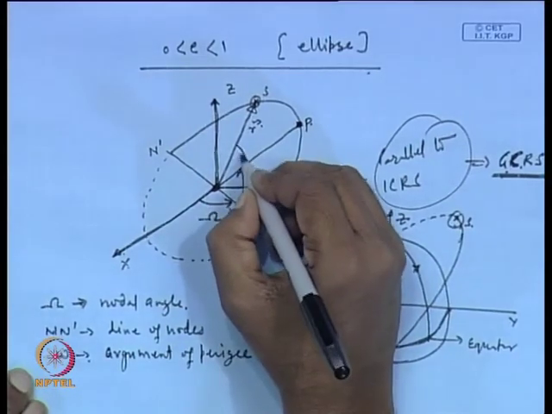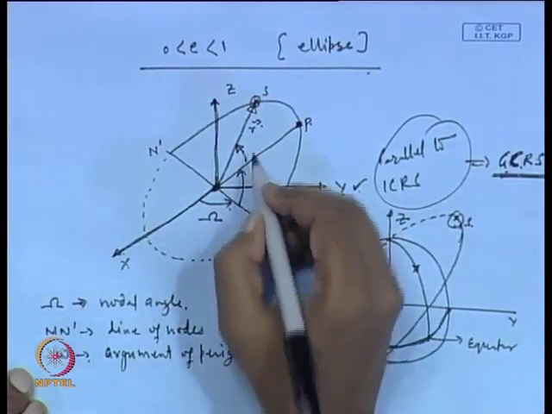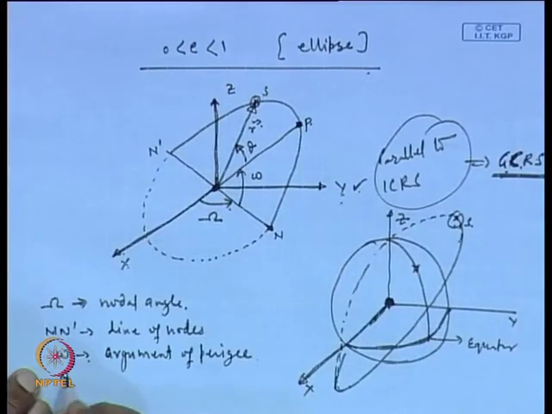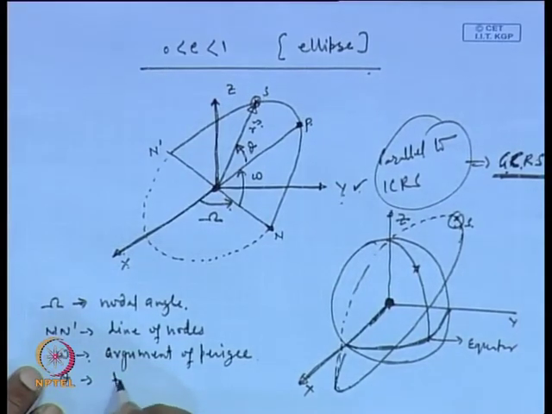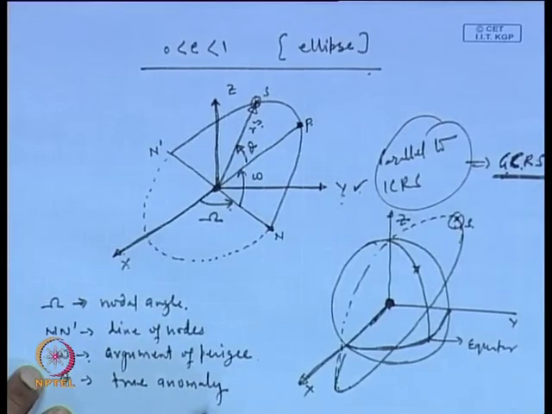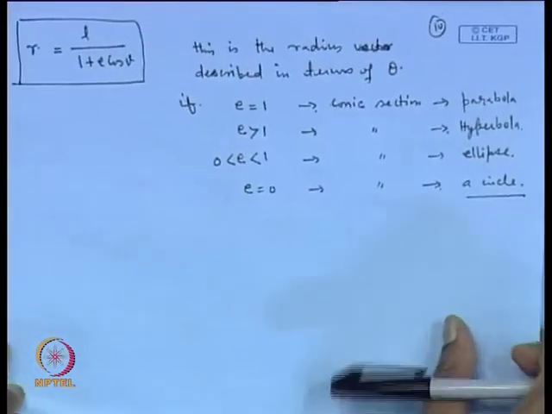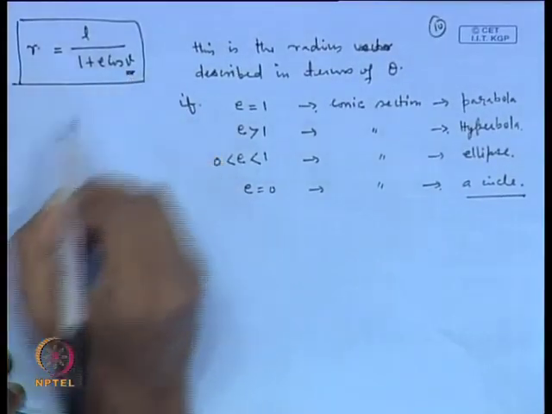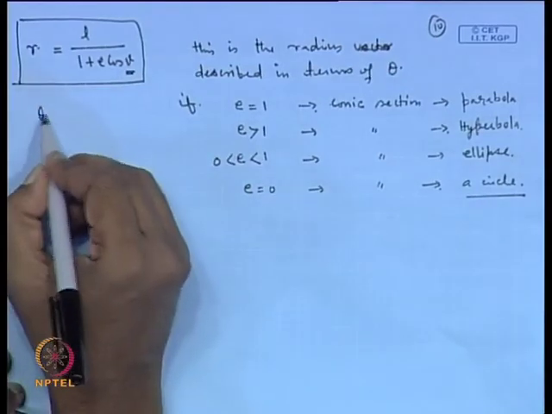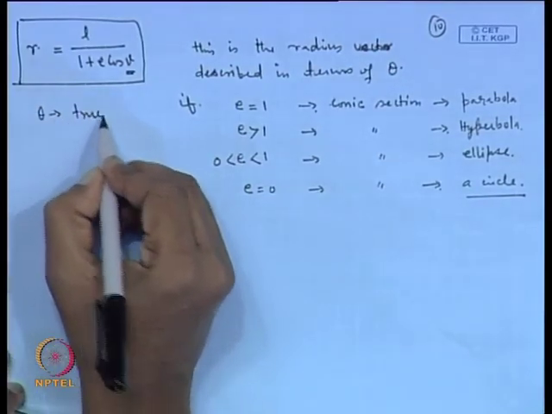The angle from here up to the satellite is written as theta, and theta is called the true anomaly. So, in the equation that we have referred to, this theta is nothing but the true anomaly.